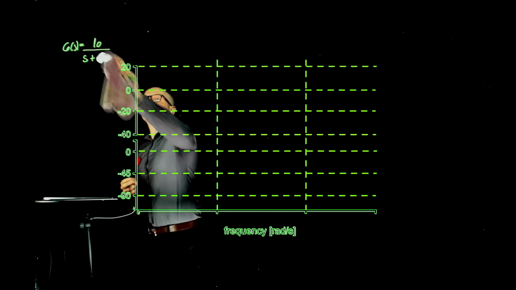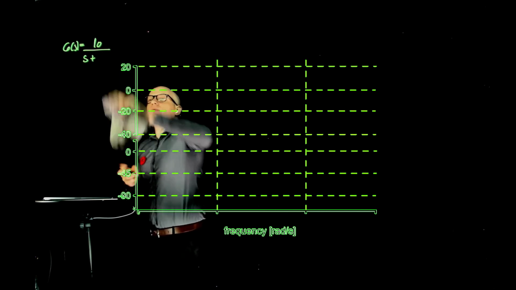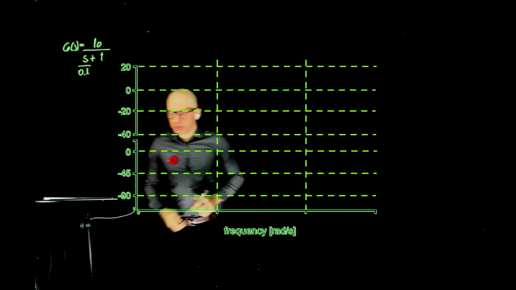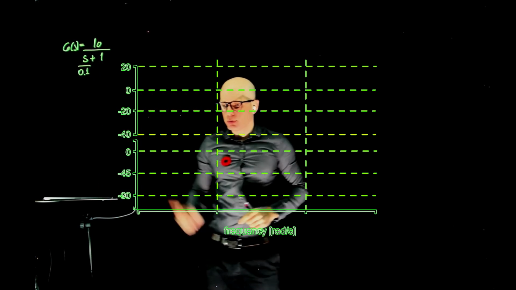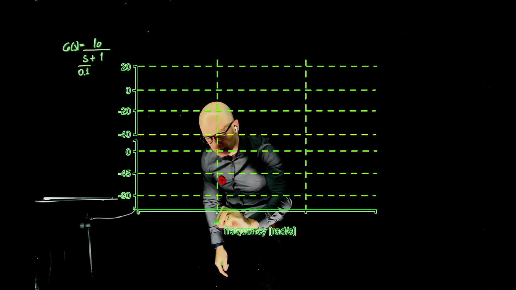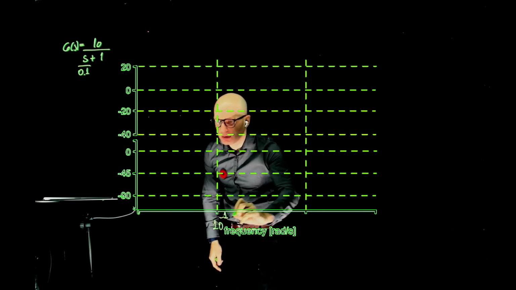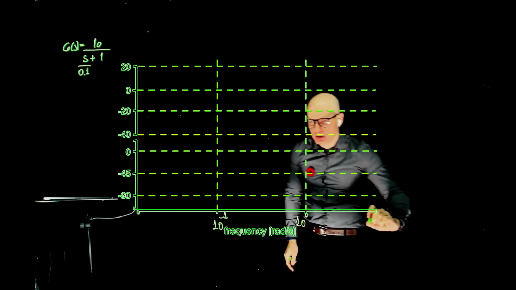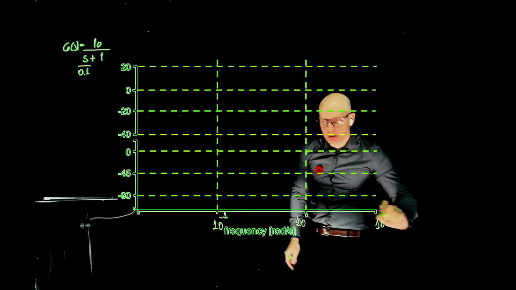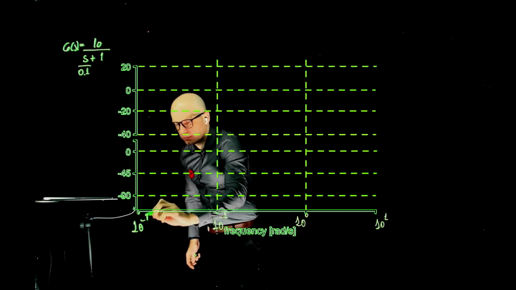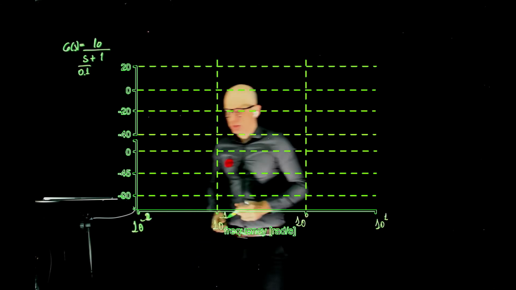Because our cutoff frequency is 0.1, let's assume that this one here is 0.1, so 10 to the power of -1. This is 10 to the power of 0. This is 10 to the power of 1.